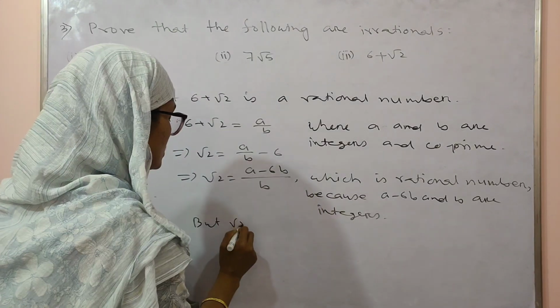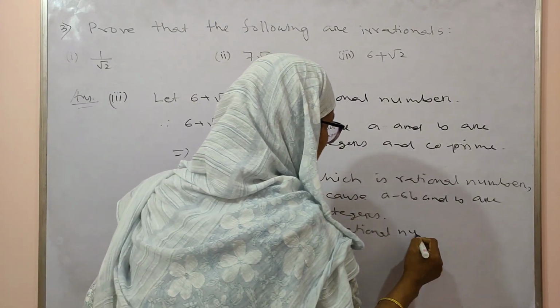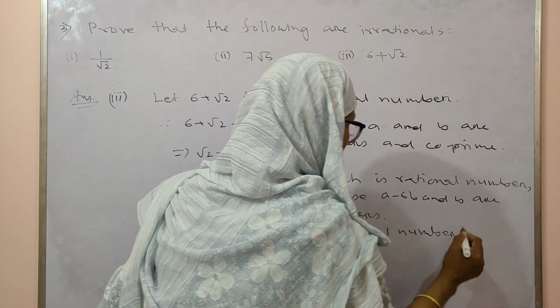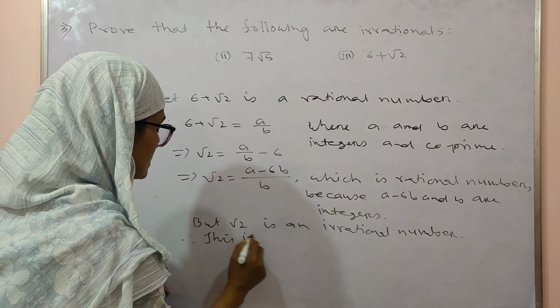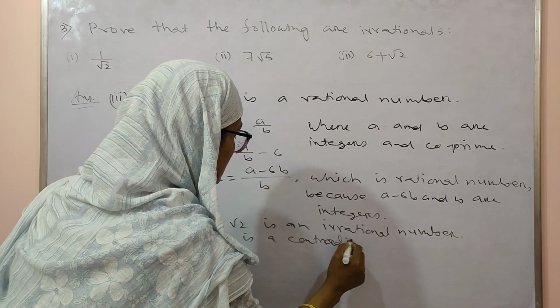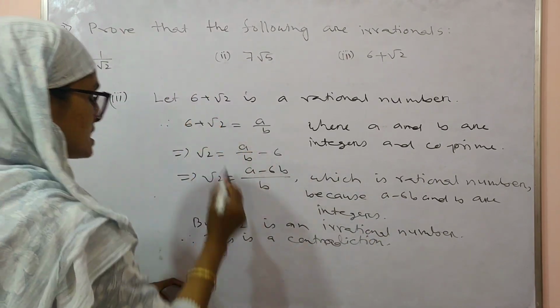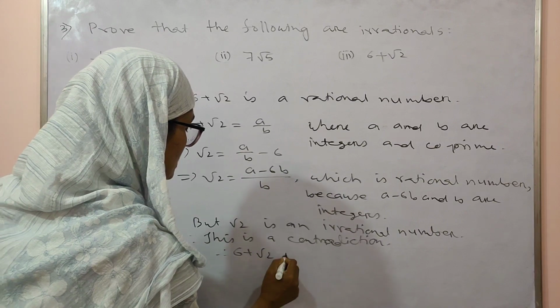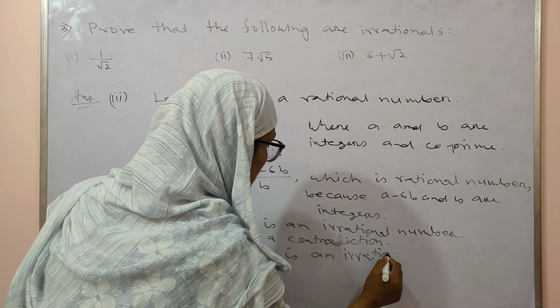But root 2 is an irrational number. So this is a contradiction. Therefore, 6 plus root 2 is an irrational number.